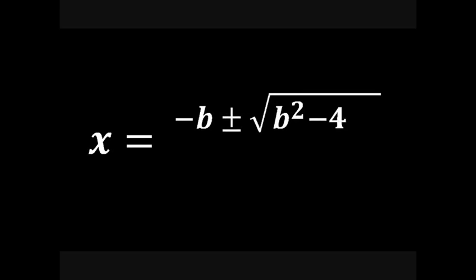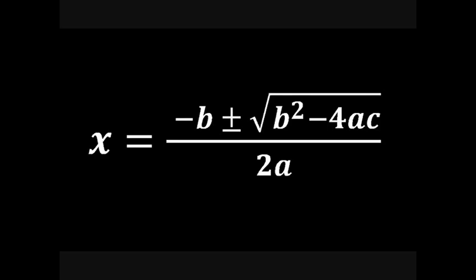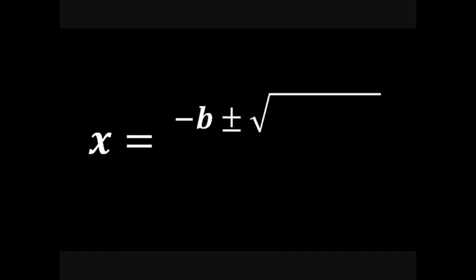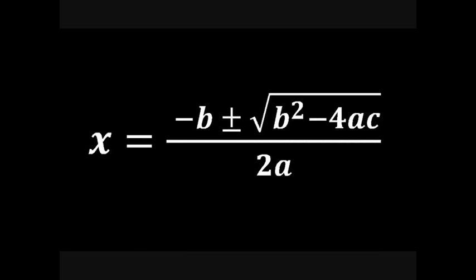It goes x equals the opposite of b, plus or minus the square root of b squared, minus 4ac all over 2a. Now you try it with me, Bobby. X equals the opposite of b, plus or minus the square root of b squared, minus 4ac all over 2a.